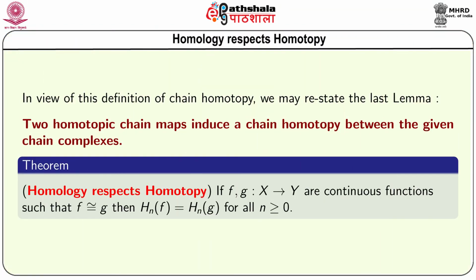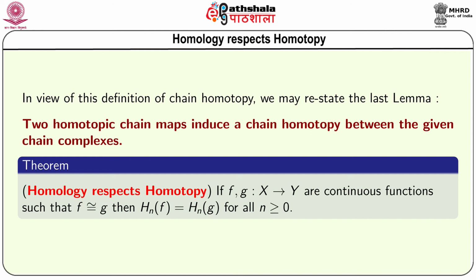We shall now see that this particular concept of chain homotopy, as we have already mentioned, in view of this definition of chain homotopy, we may restate the last lemma: two homotopic chain maps induce a chain homotopy between the given chain complexes.